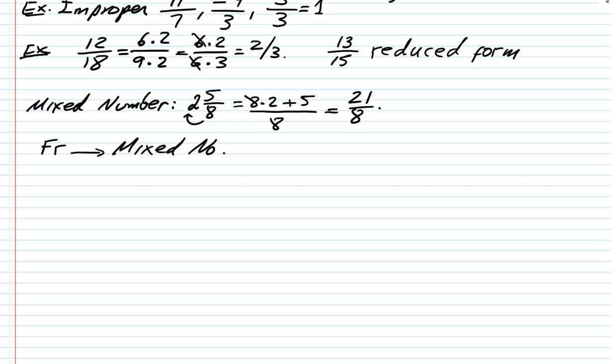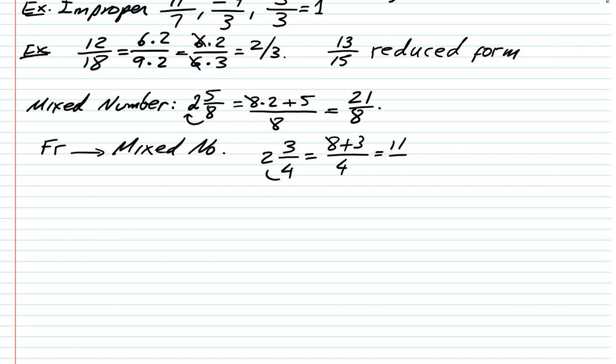We just saw mixed number to a fraction. So let's go fraction to a mixed number. An example of this one, let's say I have 2 3/4. I want to convert that into, again, a fraction, just like the one I did up here. That's a mixed number. You multiply 4 times 2, 8, plus 3 divided by 4.